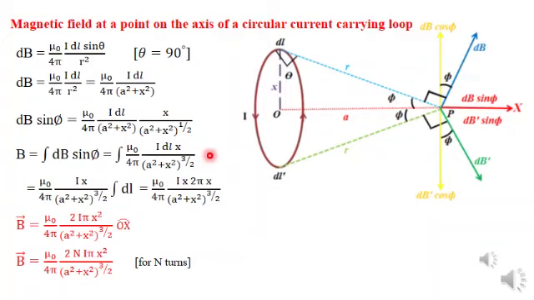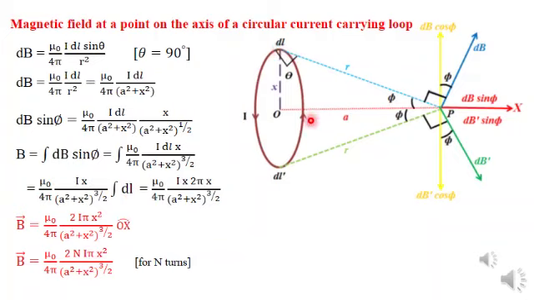After taking constants outside the integral, B equals mu 0 by 4 pi, i x divided by (x square plus x square) whole raised to 3 by 2, integral dl. dl is the length of the current element.